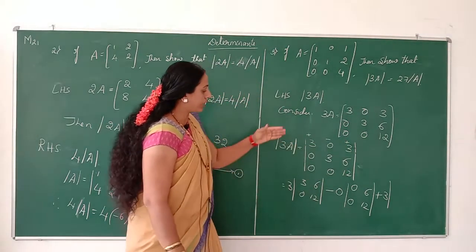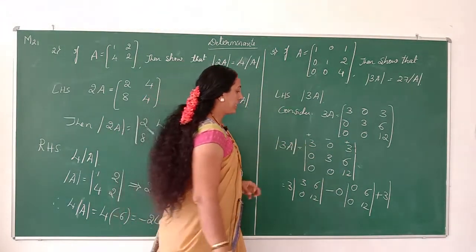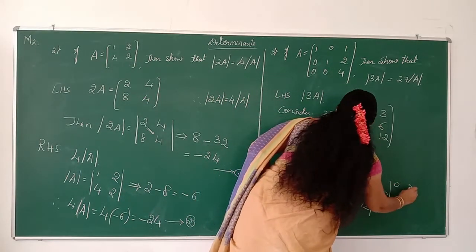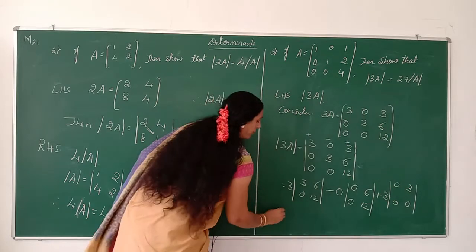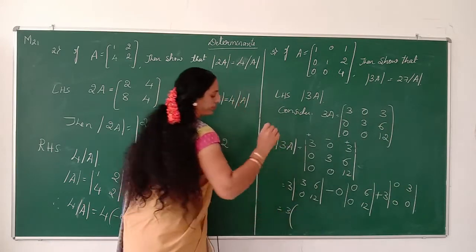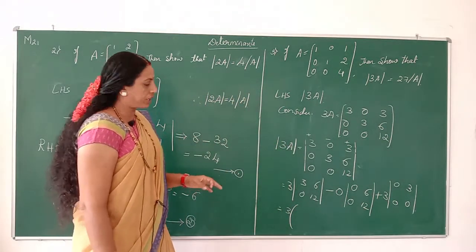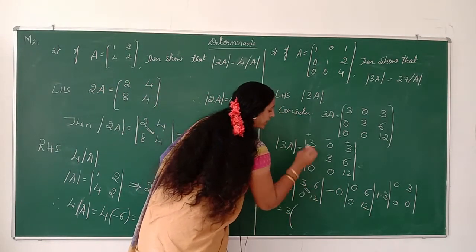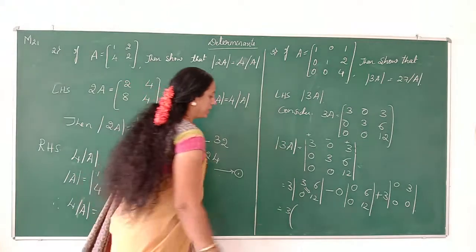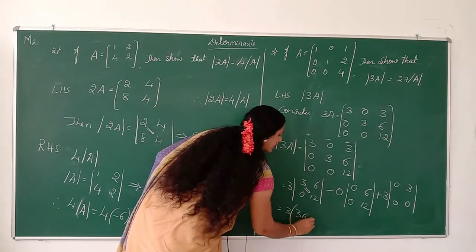These are also neglected, and the remaining elements are 0, 3, 0, 0. Then we simplify: 3 of, removing the determinant symbol using brackets, the product of the left diagonal, 3 into 12, which is 36.